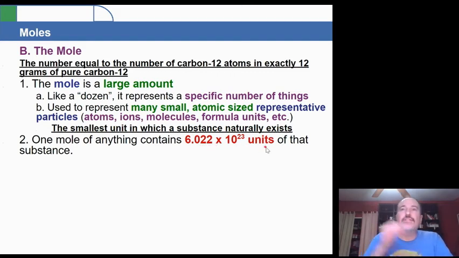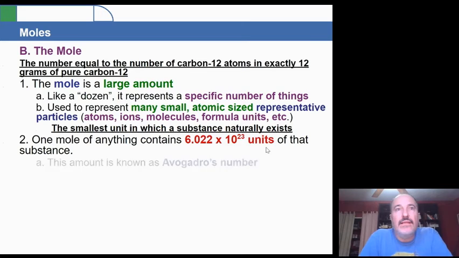So you need that many of them in order to get enough that you actually can deal with and see in the real world. So a dozen is 12. A mole is 6.022 times 10 to the 23rd. Now that is known as Avogadro's number or Avogadro's constant. And he was an Italian scientist that figured out this number.